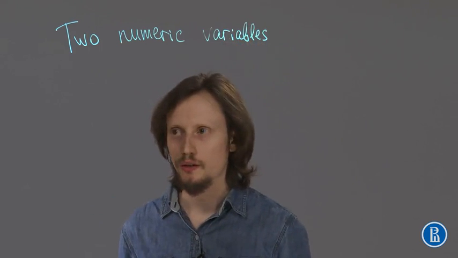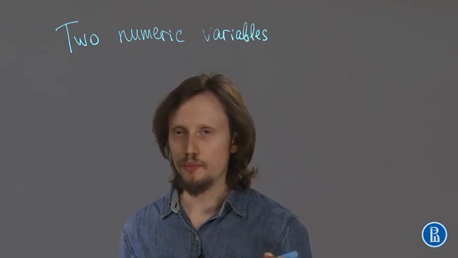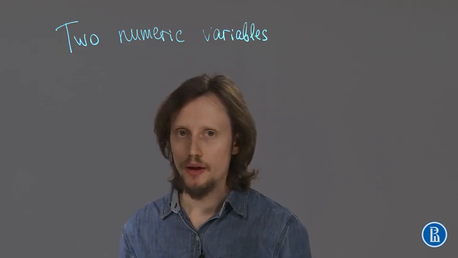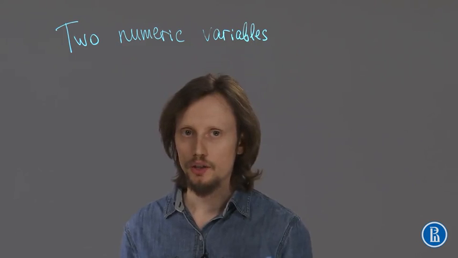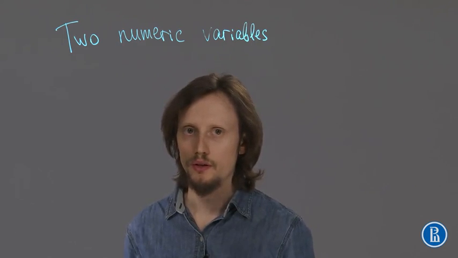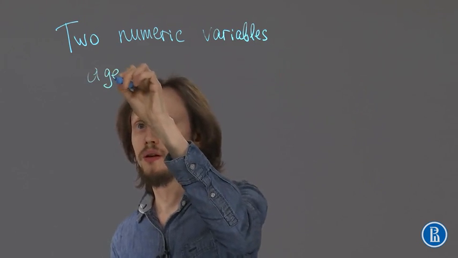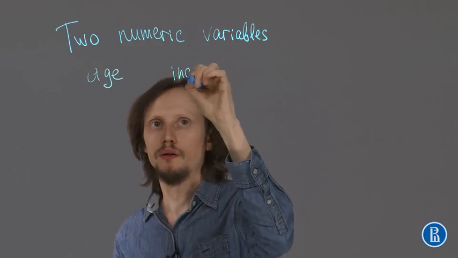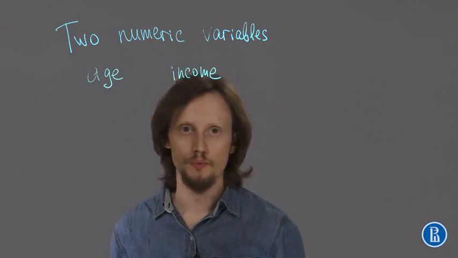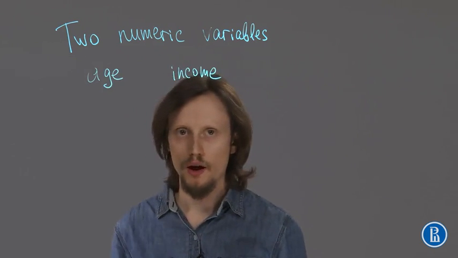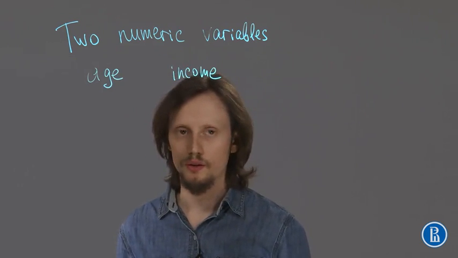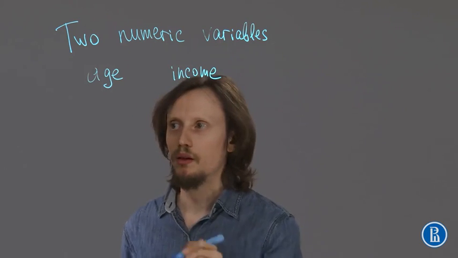Let us assume that we have a study that involves some people, and we have two numeric variables associated with every person in our study. For example, we have age and income of each person. So our data can look like the following table.